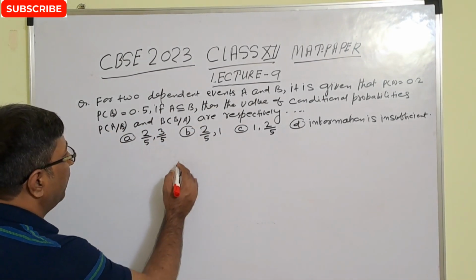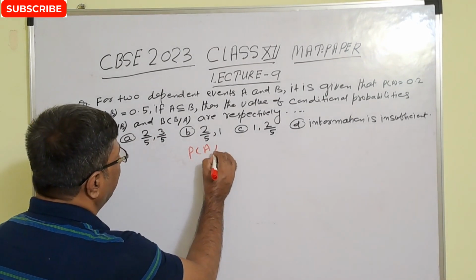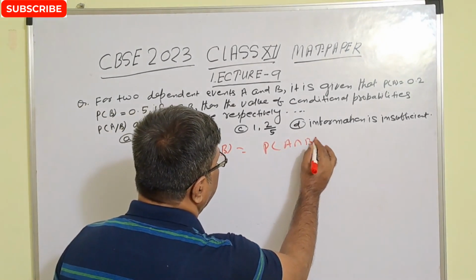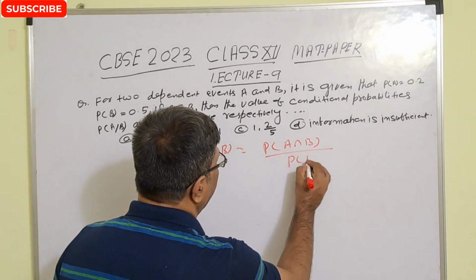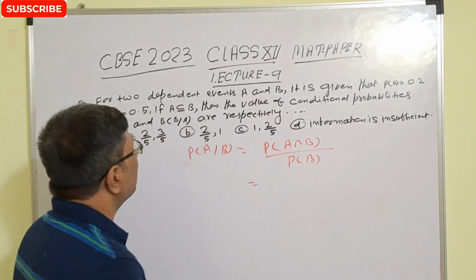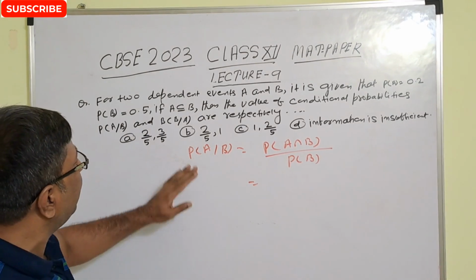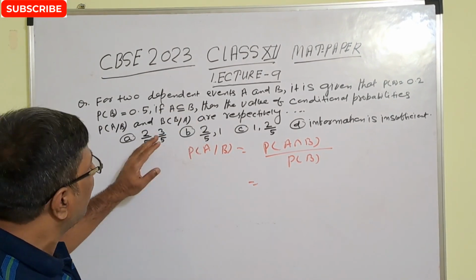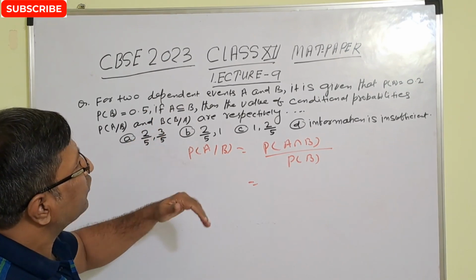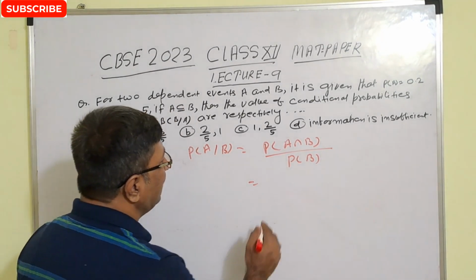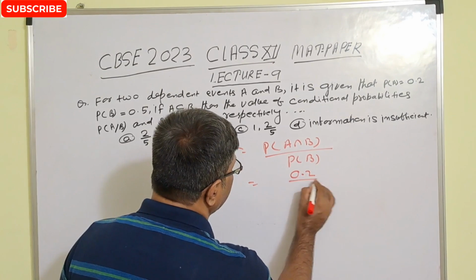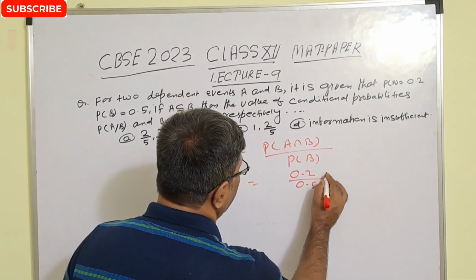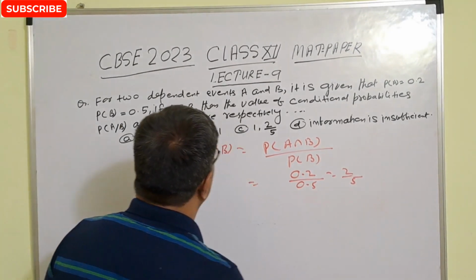So we know probability of A by B equals probability of A intersection B by probability of B. So what is A intersection B? Because A is a subset of B, so total A is in B, so the intersection will be A. So probability is 0.2, and probability of B is 0.5. So here the answer is 2/5.